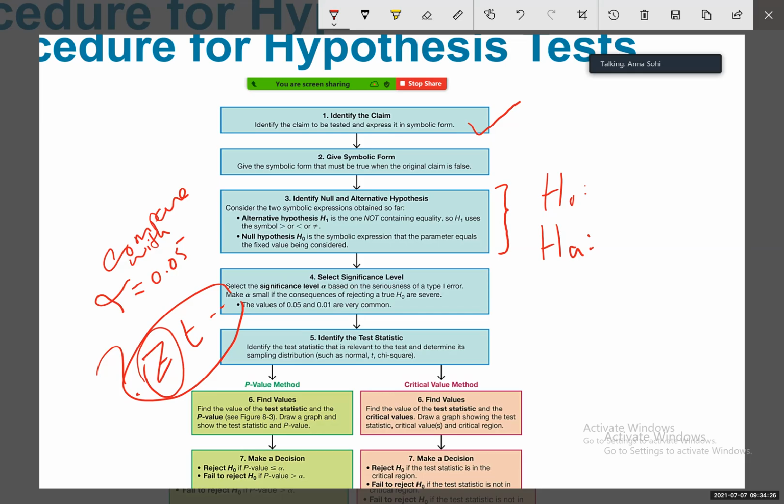You remember we said if Z is more than 2 or less than -2, it is significant. That means it's associated with a small p-value. So normally large Z's are associated with small p-values.